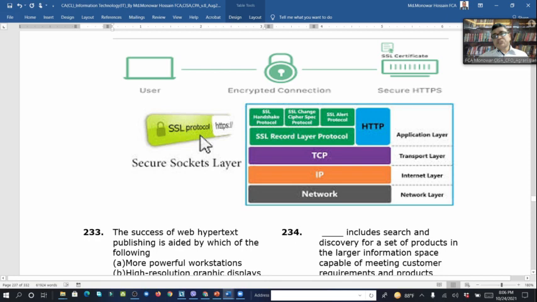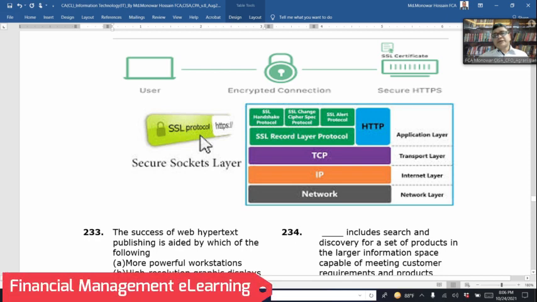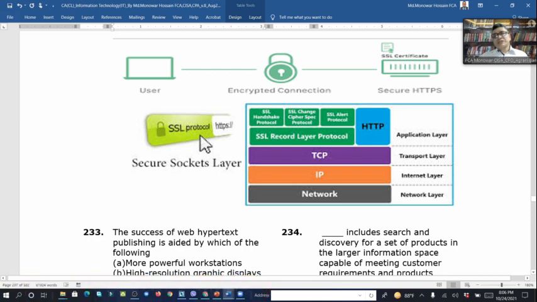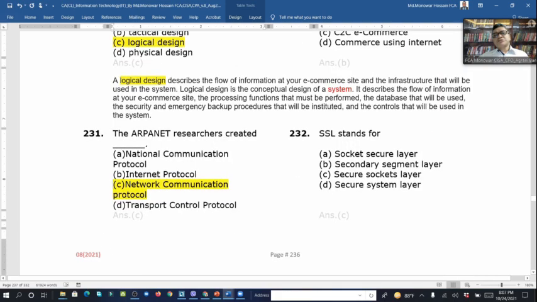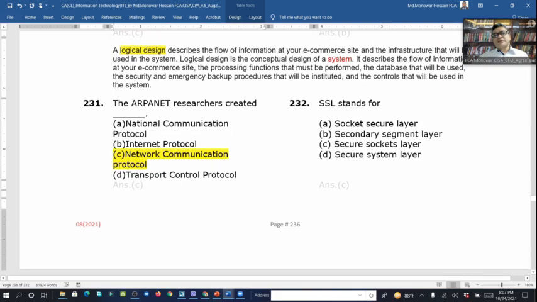Some are application layers. Within the application layer we have the secured socket layer, and transport layer TCP, internet layer IP, we know the IP address, and network layer here within the network. So here we are using secured socket layer. So here SSL stand for secured socket layer.